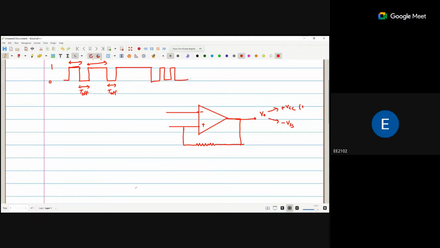So we can say that is logic 1 and that is logic 0. Is it clear? Now, when are we getting VCC and when are we getting VSS? If the positive voltage is greater than the negative voltage, we are getting VCC. And if the negative voltage is greater than the positive voltage, then we have VSS or minus VCC. That we already covered.